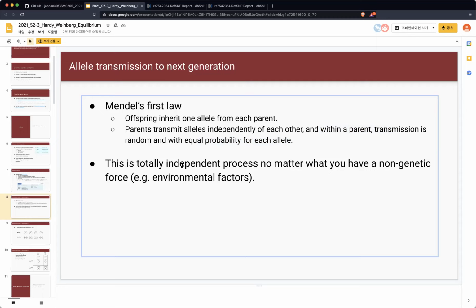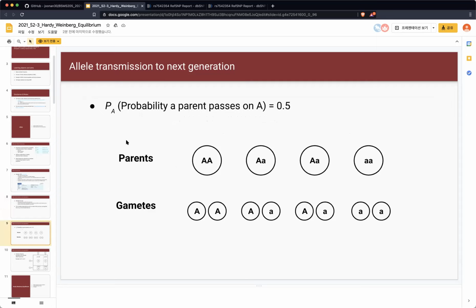This is a totally independent process, no matter what non-genetic forces you have, whatever environmental factors, smoking or air pollution or alien attacks, it's all independent. Mendel's laws always happen independently between parents. So that is an important assumption for understanding transmission.